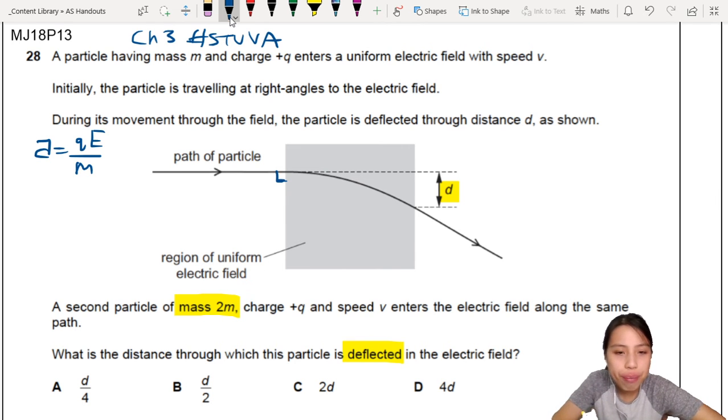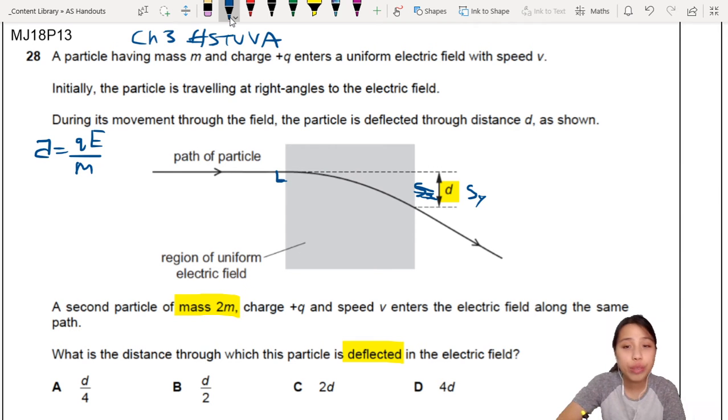So we're trying to find the distance of deflection, so this D. You can also think of it as vertical displacement, S of Y, that is the one. Vertical displacement S_y is our D. We need to create an equation that relates S_y to the mass which is changing.